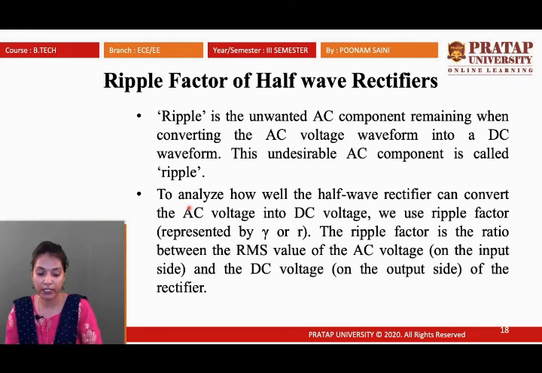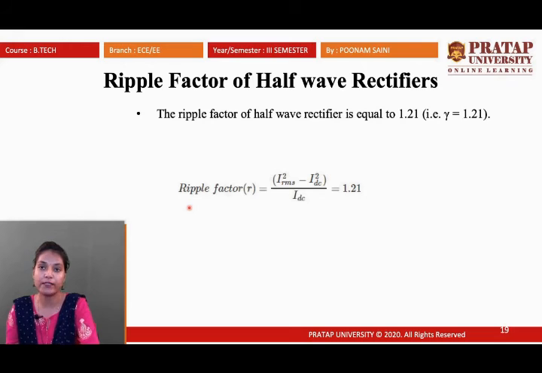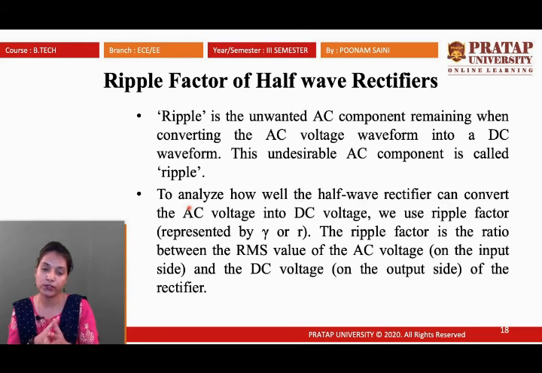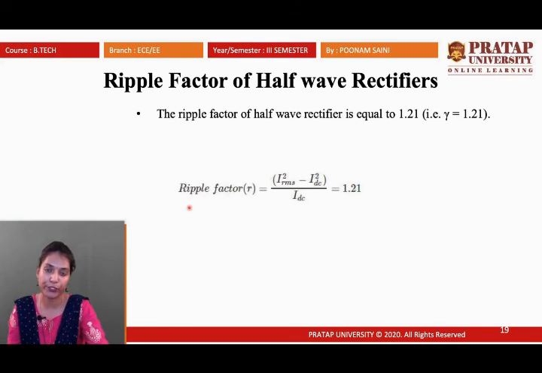We can calculate the ripple factor as the square root of I square RMS minus I square DC, over I DC, where DC is direct current and RMS is root mean square value. The ripple factor of a half wave rectifier is 1.21. This is the only AC component which we get from input source to output, like 1.21.